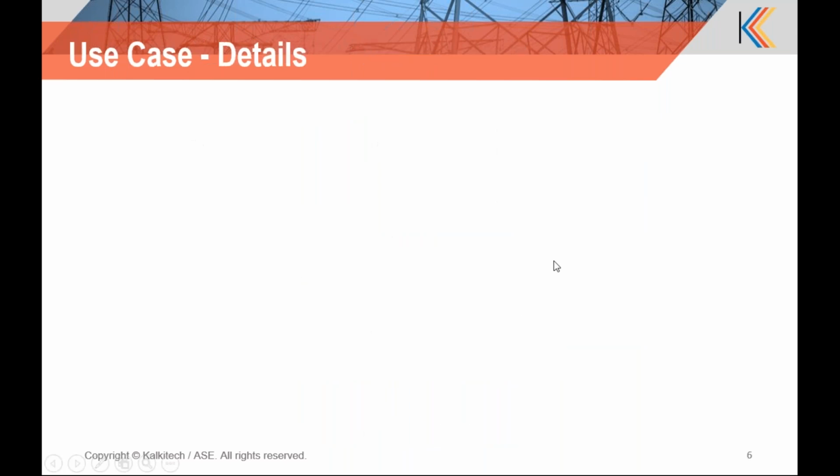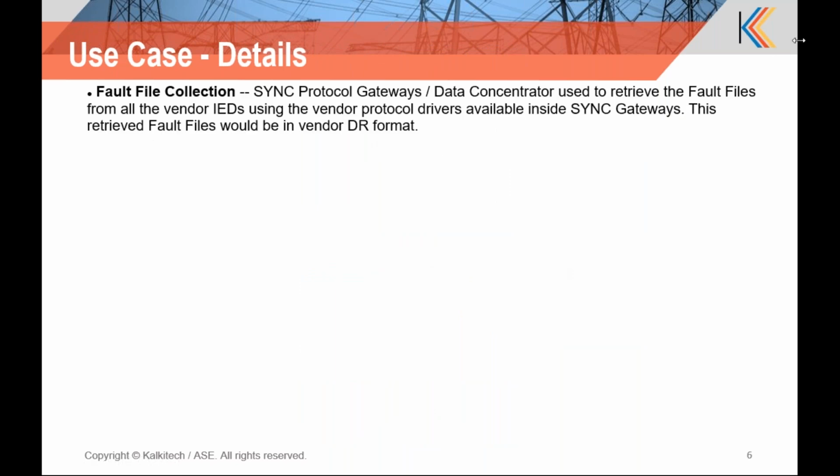Then moving on to use case details. What are the use cases we cover? First is fault file collection. The gateways or data concentrators retrieve the fault files from all the IEDs using the vendor protocol drivers available in the SYNC2000 itself, and this is retrieved in its own vendor disturbance record or fault file format.